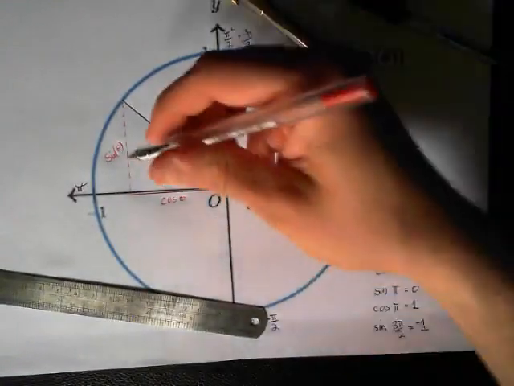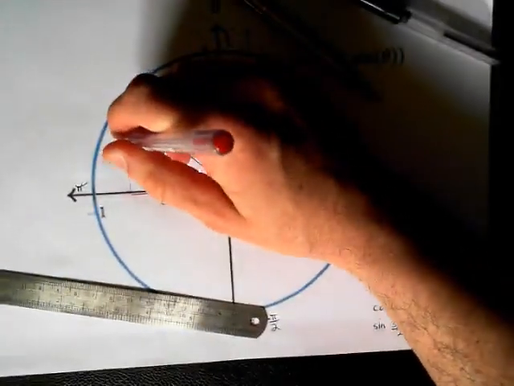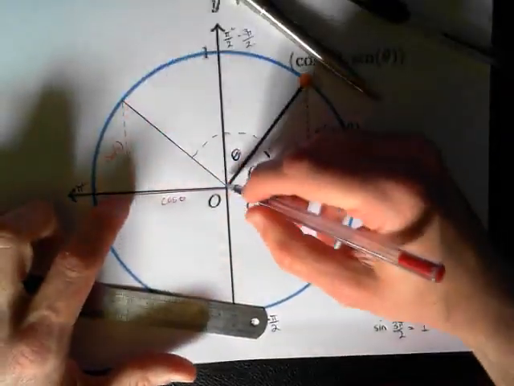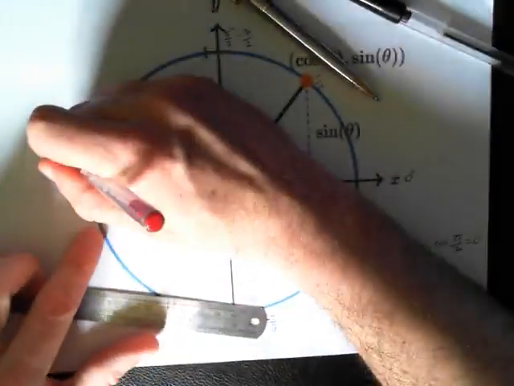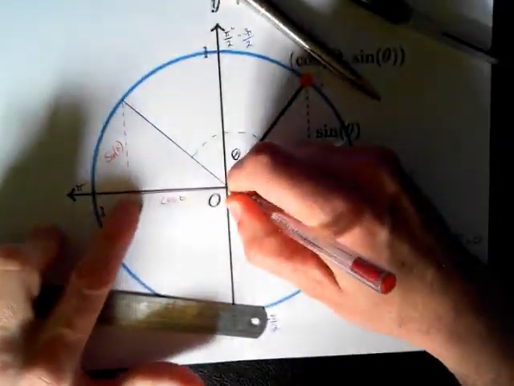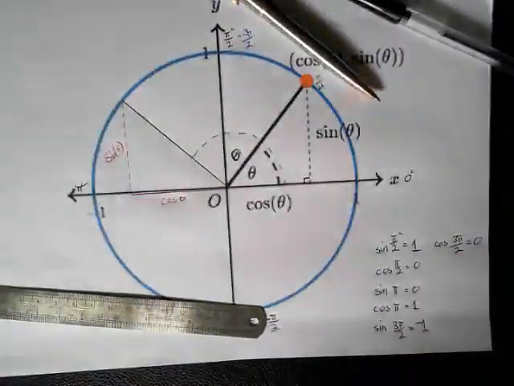Now in this quadrant, this is positive because it's going up from 0, but the value of cosine here is negative.